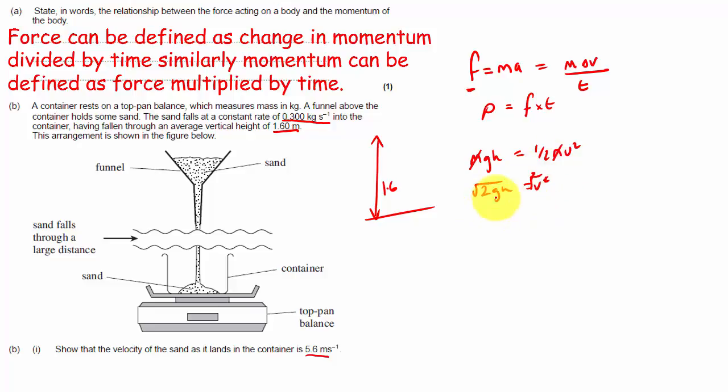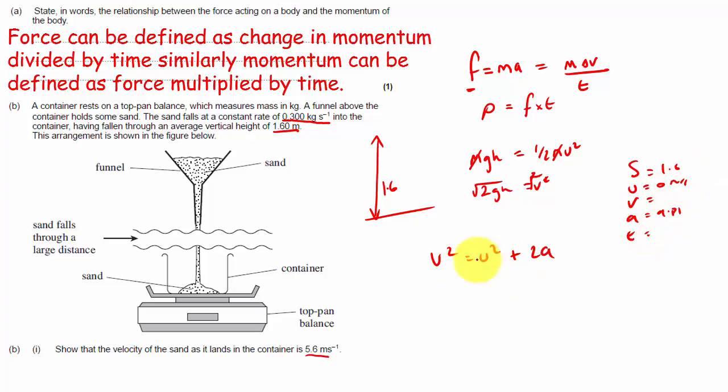Or you could go at it from the SUVAT equations. The equation you would use in this case would be v squared equals u squared plus 2as. If you wrote out your SUVAT: s is 1.6. u, well, it starts from rest, so that's 0 meters per second. v is what you're trying to find. a is 9.81. t, we don't know, but we don't need.